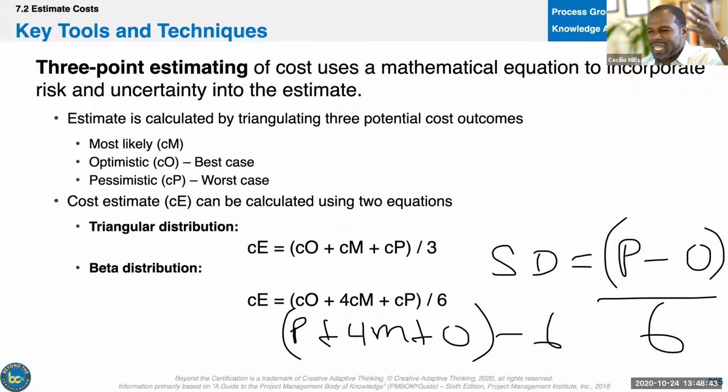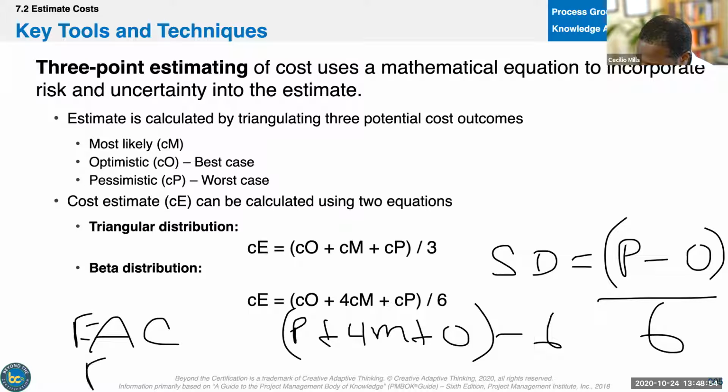So just have the P always to start: P plus 4M plus O divided by 6. That gives me what is called the estimated activity cost, or if we were doing time, the estimated activity duration, right? The formula for those is pessimistic plus 4 times most likely plus optimistic divided by 6. Then you find your standard deviation: pessimistic minus optimistic, divided by 6.